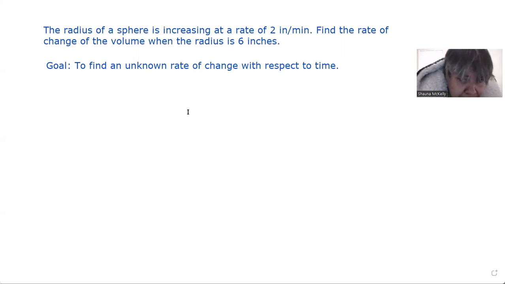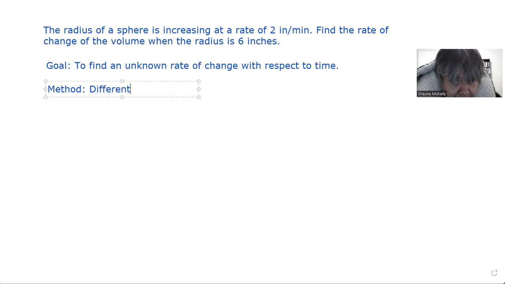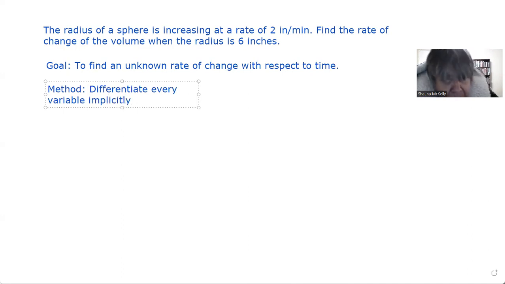And the way we do it, this is why you had to study implicit differentiation first. The method is to differentiate every variable implicitly with respect to time. That's our method in a sentence, okay?